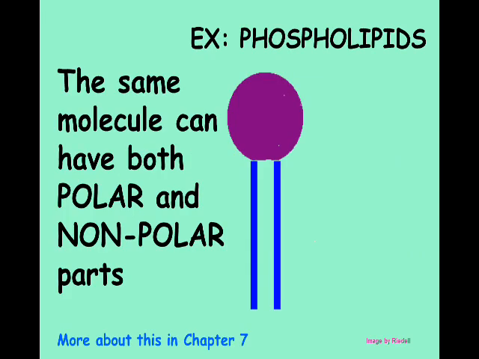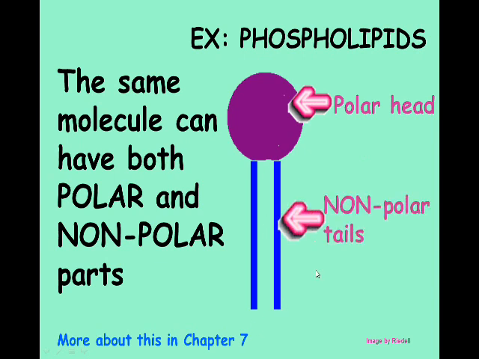Sometimes molecules have both polar and nonpolar parts in the same molecule. This is a little model, a diagram of the shape of a molecule we're going to talk more about later, which is a phospholipid. And phospholipids have a head part on the top that's very polar. And they have long, very nonpolar tails that hang down.